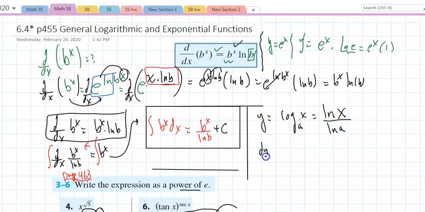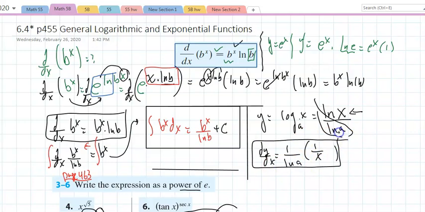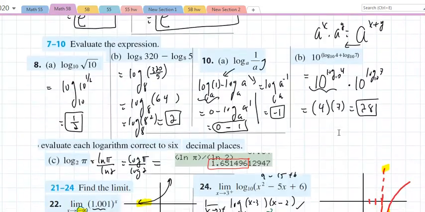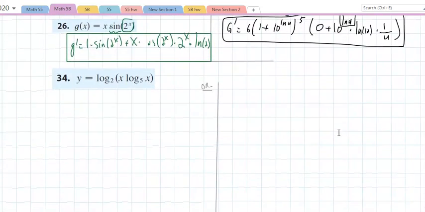And when you ask what's dy dx, well, look, that's a constant, you ignore that. And the derivative of natural log of x is 1 over x.